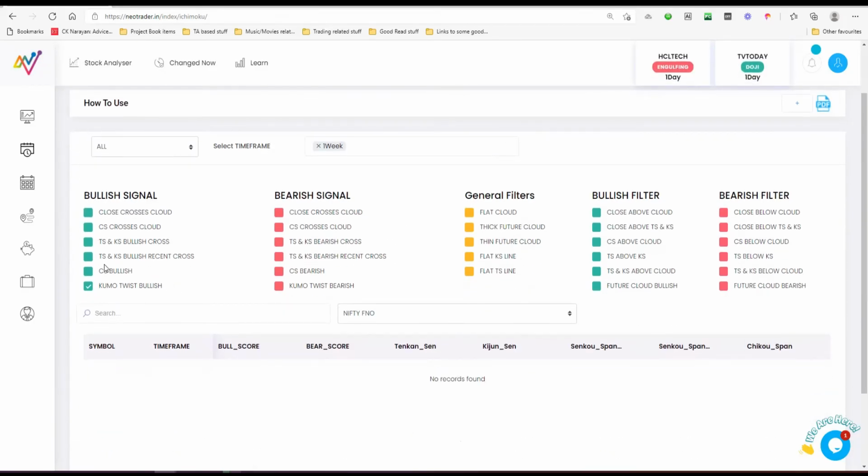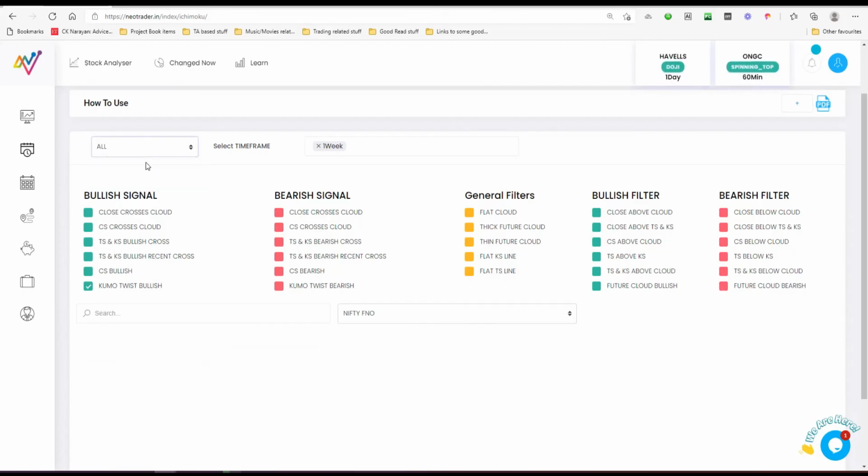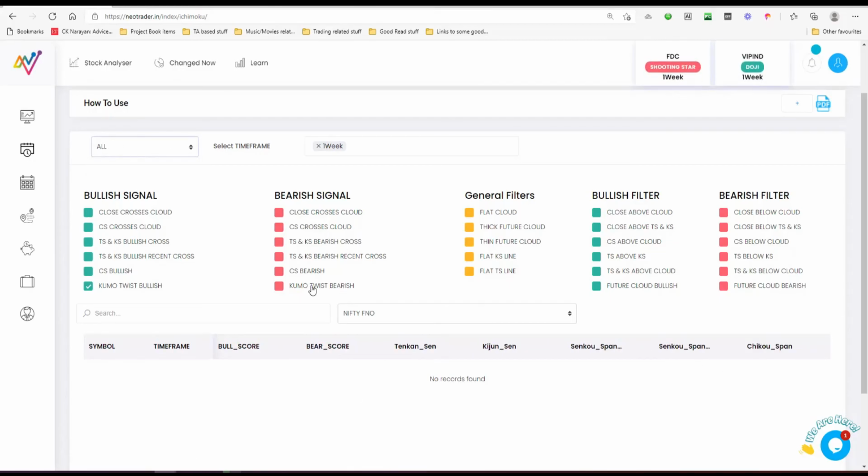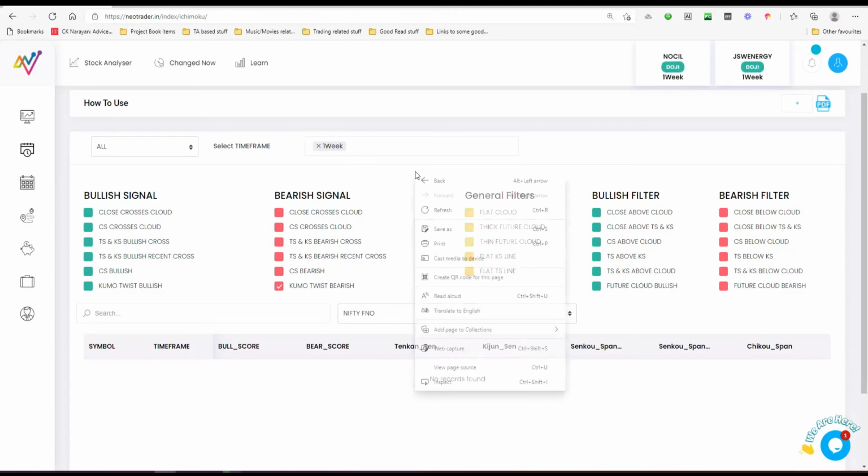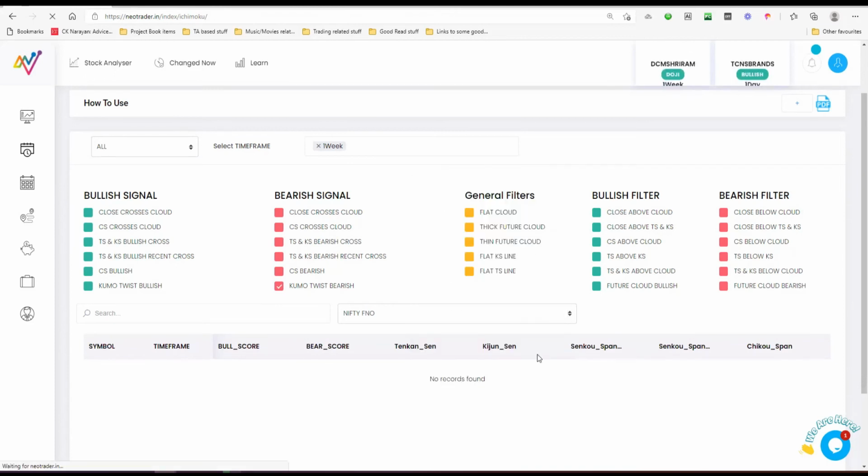There isn't any. Or let me just refresh the page again once more to see that there really isn't anything. Yeah, there doesn't seem to be any. So if I look for Kumo Twist bearish, and let's do a refresh on the weekly.